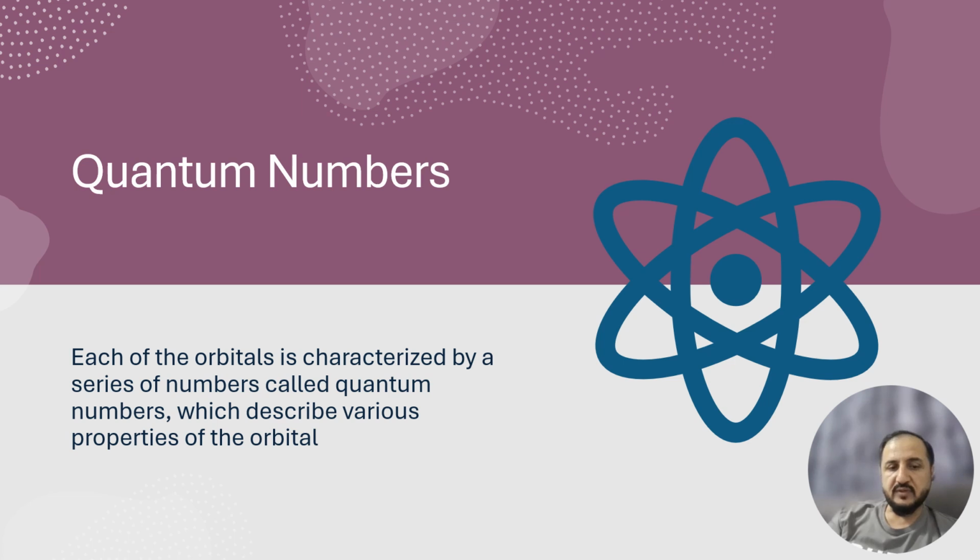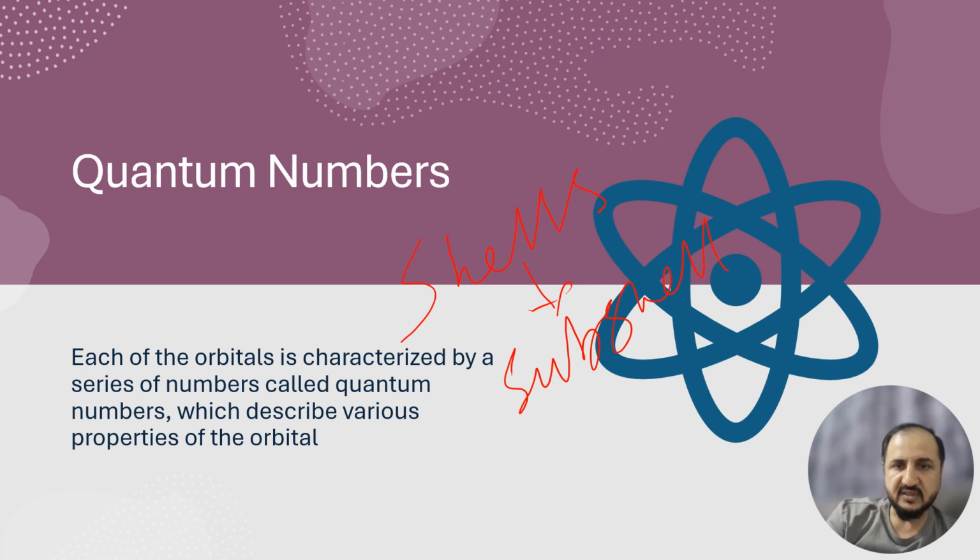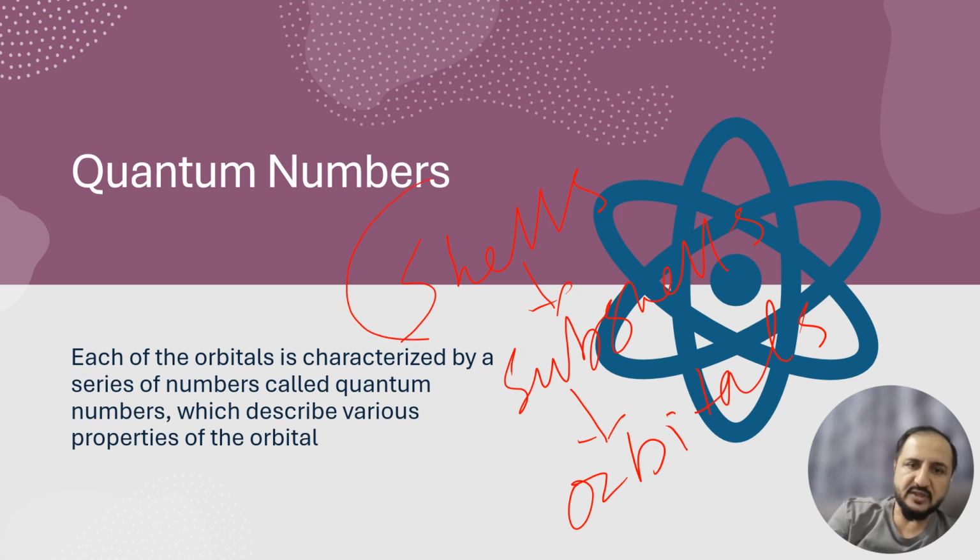When it comes to the orbitals, you must understand that there are shells around the nucleus. Shells have subshells. This is the simple language, and subshells have orbitals. Keep in mind, nowadays the shells are called the energy levels, and the subshells are called the sub-energy levels.